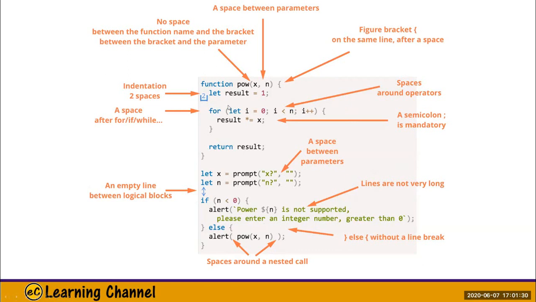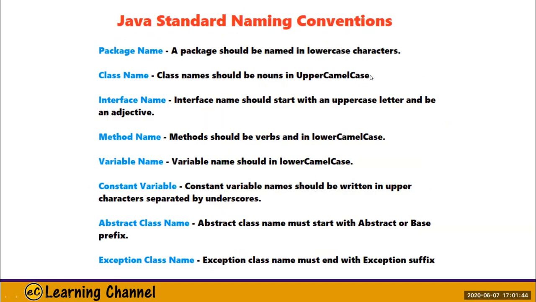And for every block level, you indent about two letters. That's a habit, okay? This is not a must-have, but it is a convention. Package names are always lowercase, okay? Class names use uppercase, meaning every leading letter in a word is in uppercase.